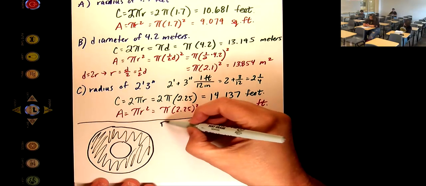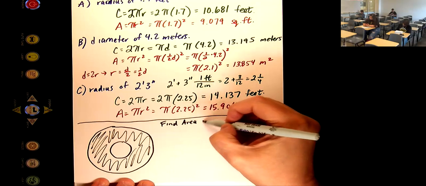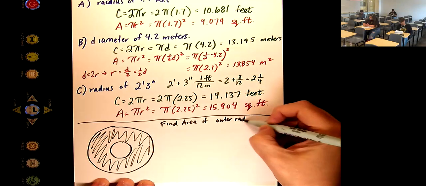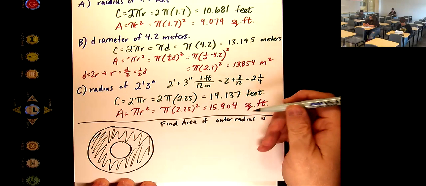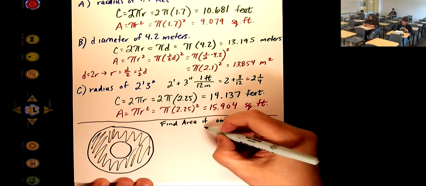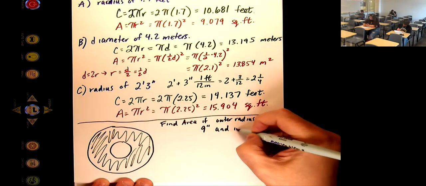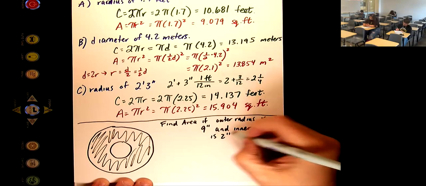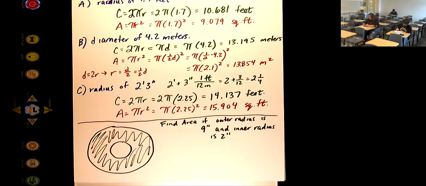And we want to find the area if the outer radius is 9 inches and inner radius is 2 inches. Any ideas on how we can do that?